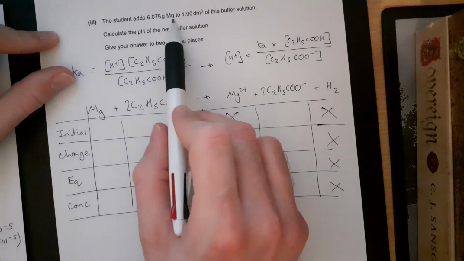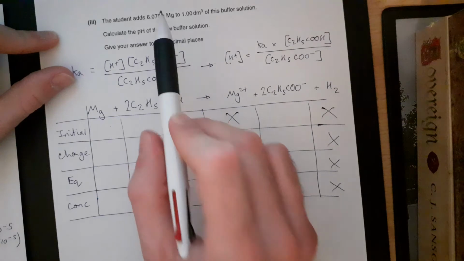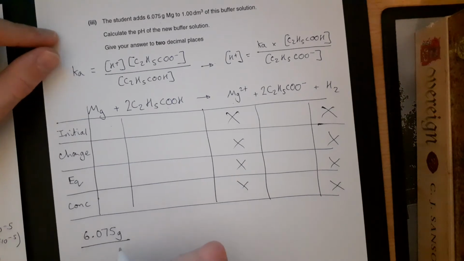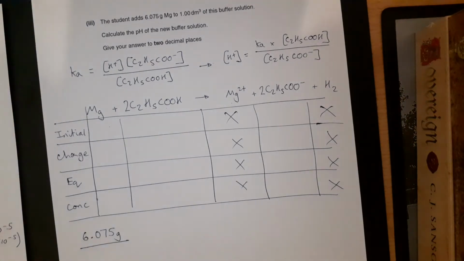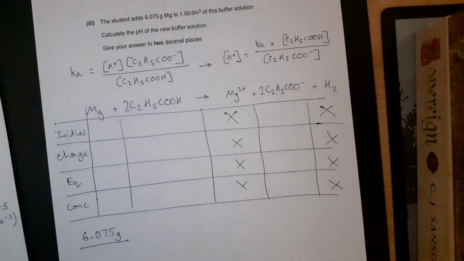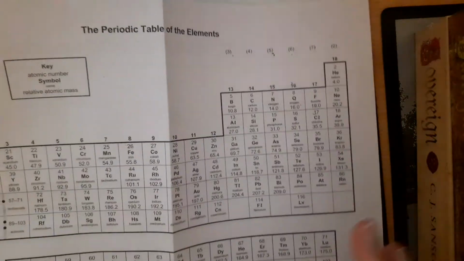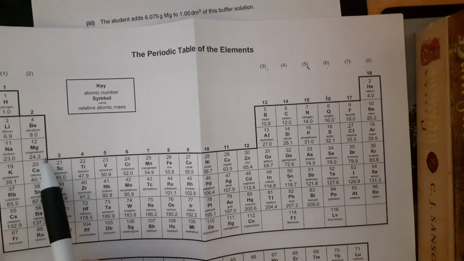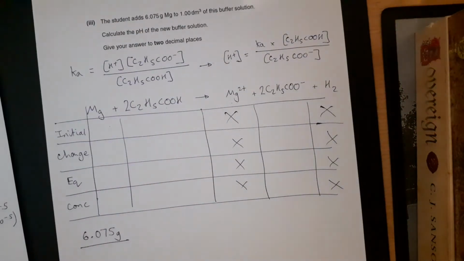How many moles is 6.075 grams of magnesium? Okay. So for that, we're going to need to do the mass divided by the atomic mass. So we need to go to our periodic table. Magnesium's atomic mass is 24.3. Okay. So we're going to put that here.